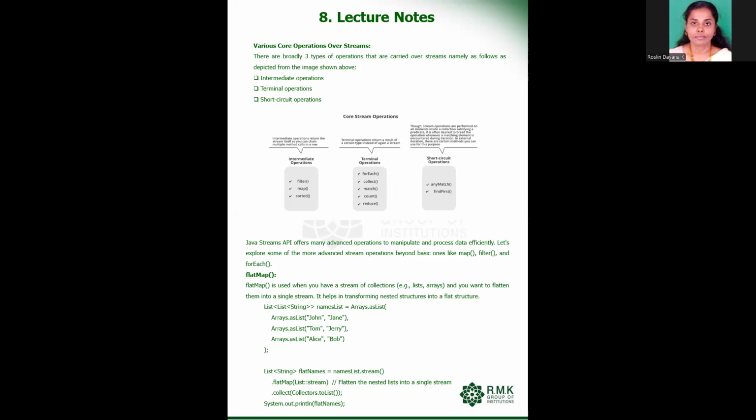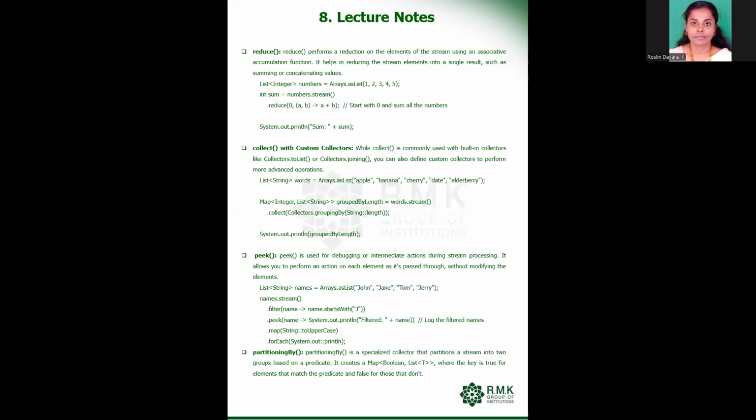The input list is nameList. nameList.stream().flatMap takes each list element, and we use the collect method to collect the result. So it is a terminal operation. After the flattened result is obtained, we print it. So System.out.println of flatNames.